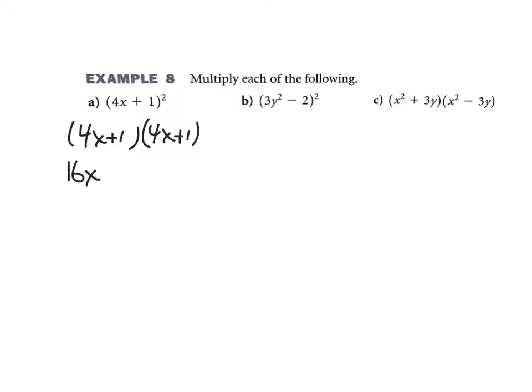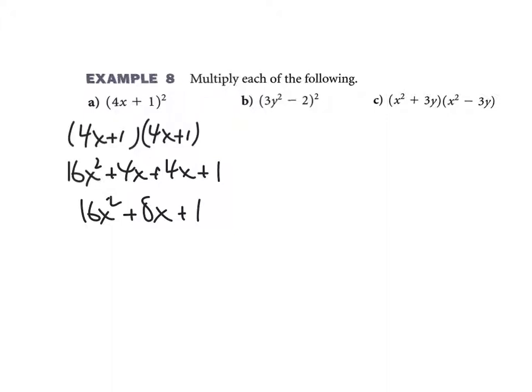First gives you 16x squared. Then outer, inner, and last. Then you add the two terms in the middle: 8x plus 1. That's the FOIL method, the long way of the two methods.